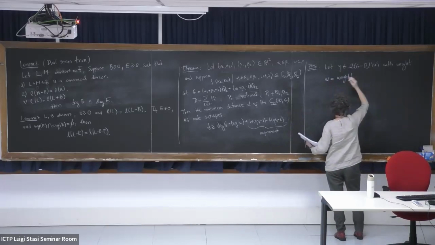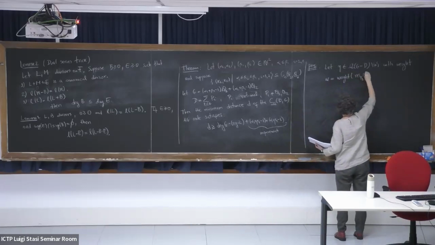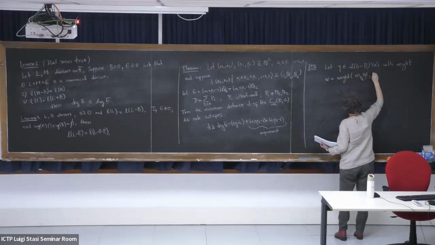How are the code words? We have to compute the residues of eta at P1, P2, ..., Pn.